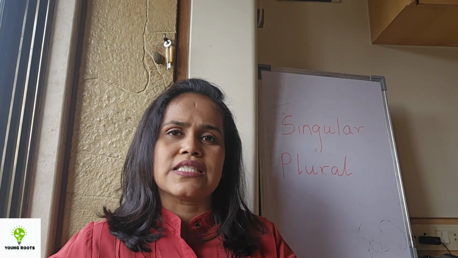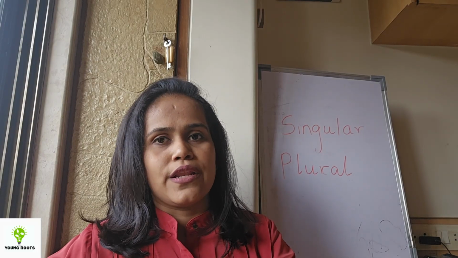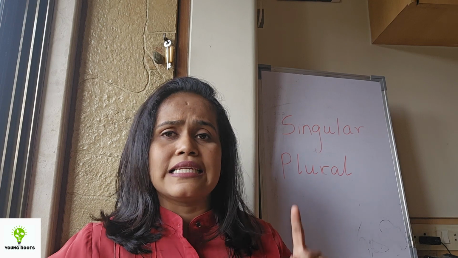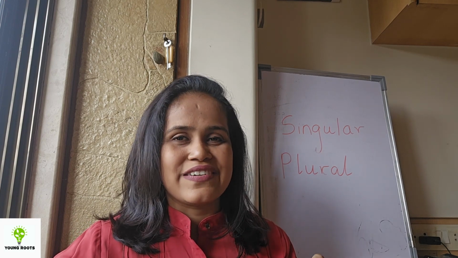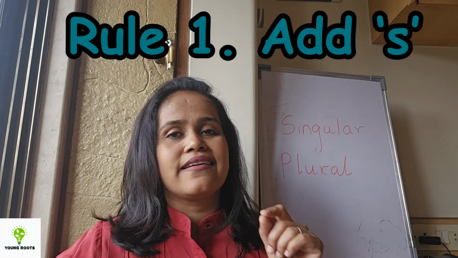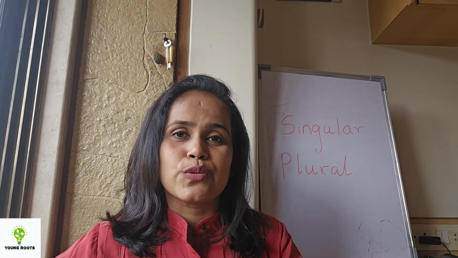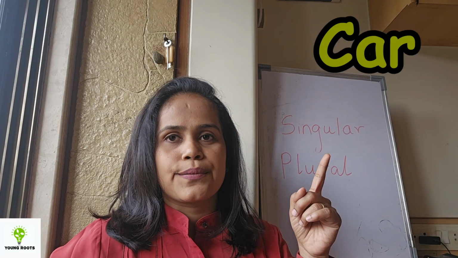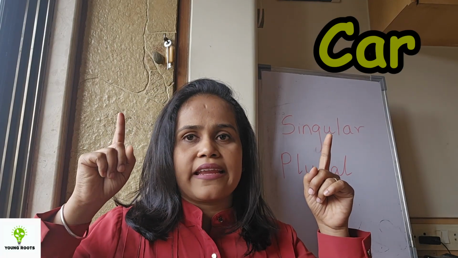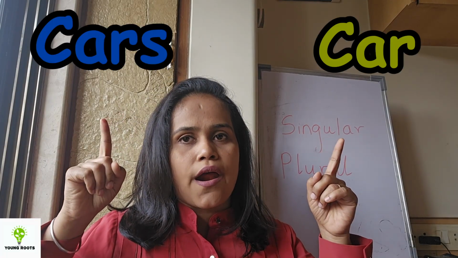We have various rules to change a singular noun to a plural noun. The first and the easiest one is to simply add an S. Okay, the first rule, add S. Come on, I will show you a few examples. First one, car. You just simply add an S and it becomes cars.